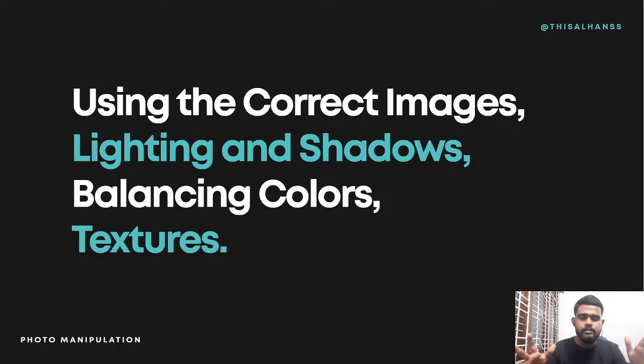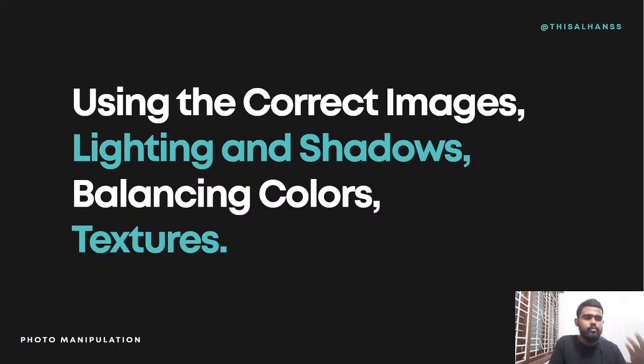You need to have an understanding of where the light source is. If you don't know, you might have a hard time matching the lighting. Imagine if lighting comes from the left in the background, and your subject, the second image that you just cut, has a shadow on this side. That literally won't make sense, because when light comes from the left, there will be no shadows on that side. It will be on the other side. That's pretty much common sense.